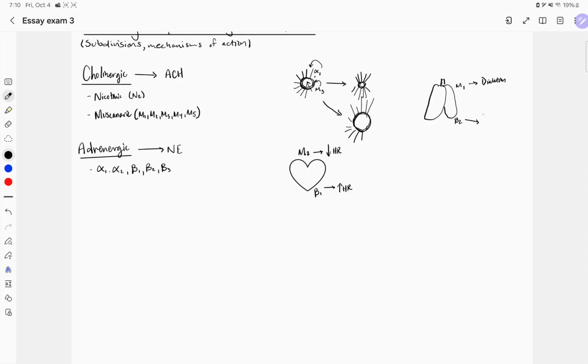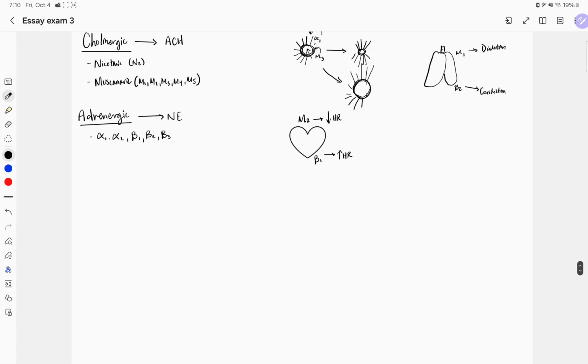So when you're running away from something, flight, right, or fighting something, you have more oxygen available in your body. Whereas beta 2 would cause constriction of the bronchioles because you don't need as much airflow in that situation.